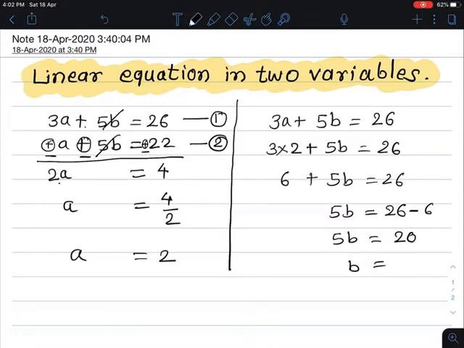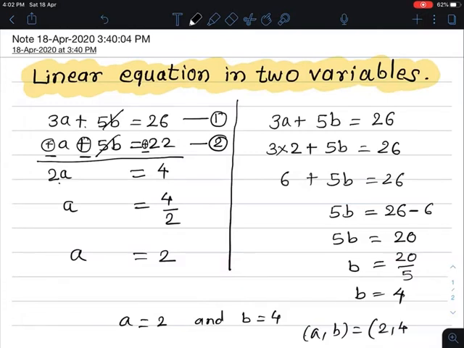So 20 divided by 5 means b is equal to 4, as 5 fours are 20. So the solution is a is equal to 2 and b is equal to 4. You can write it this way, or another method is (a, b) equal to (2, 4). So this is the solution.